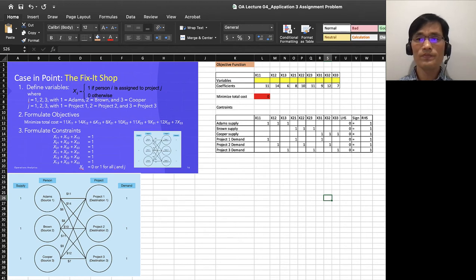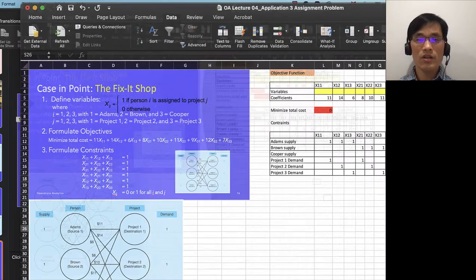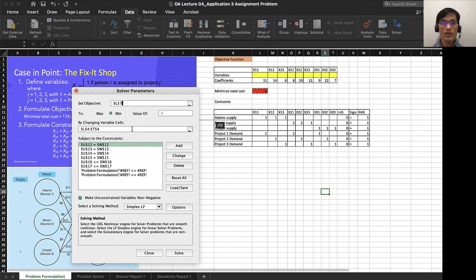So let's go to Excel Solver together and go to Data, and Excel Solver, and we have to enter the data. L7 is there, L4 to T4 are changing, and the functions are given there, but I don't have as many.